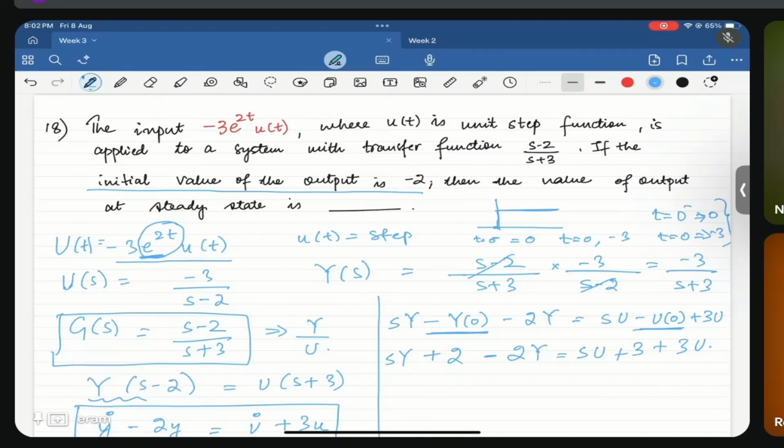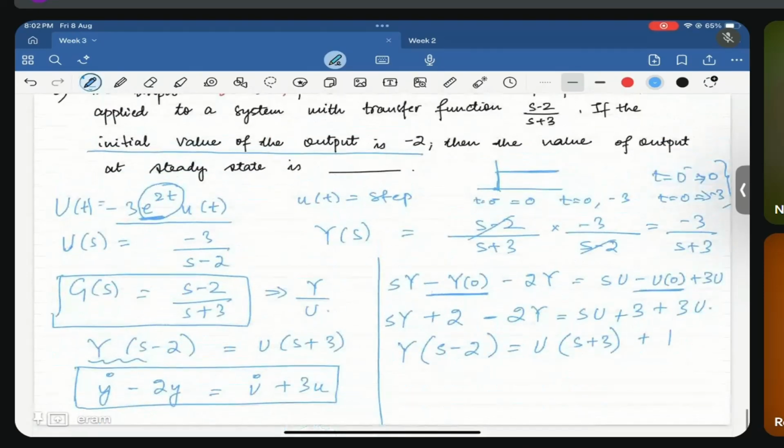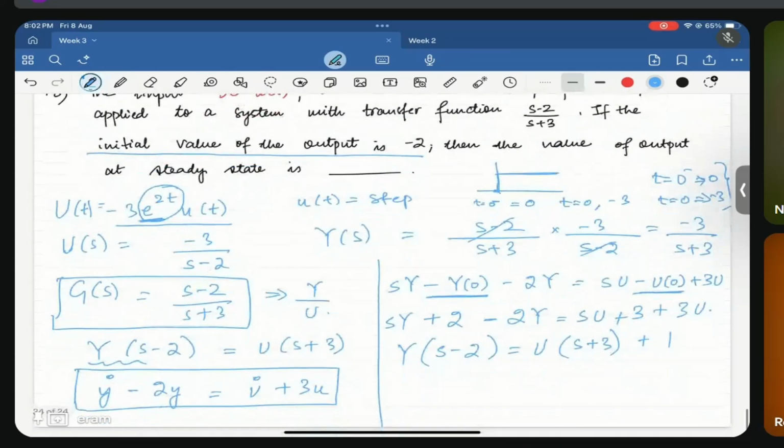Then let's take the Y as it is, s minus 2, and it is U into (s plus 3). Okay, and here we have plus 1. Okay, something is wrong anywhere.